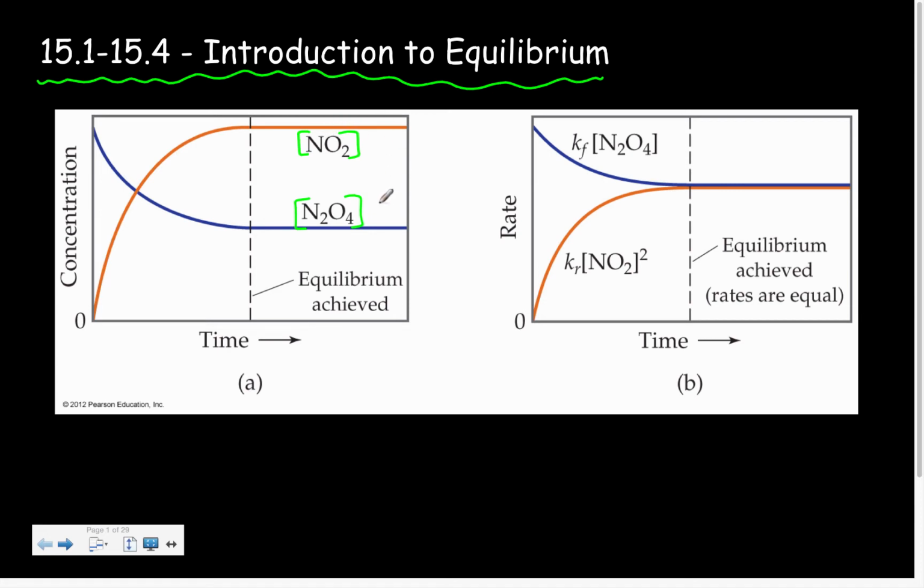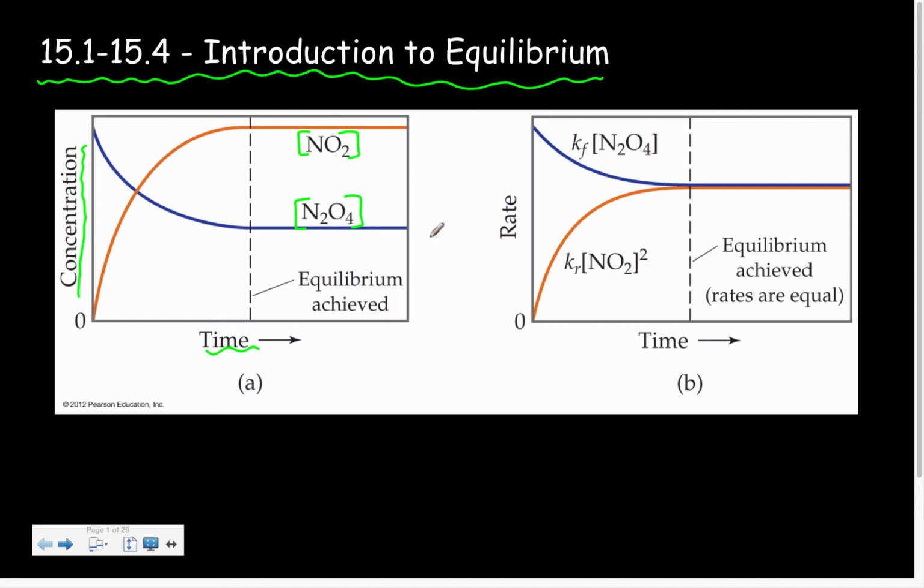And that is because, going back to this figure and the stuff we talked about in the last chapter, the instantaneous rate is the slope of the tangent at any point on a concentration versus time graph. So the slope of my tangent line is decreasing, decreasing, decreasing until we hit a plateau. Likewise with my reactant.